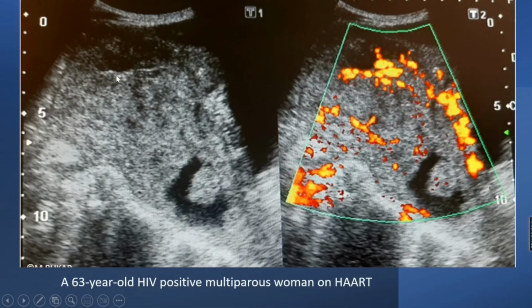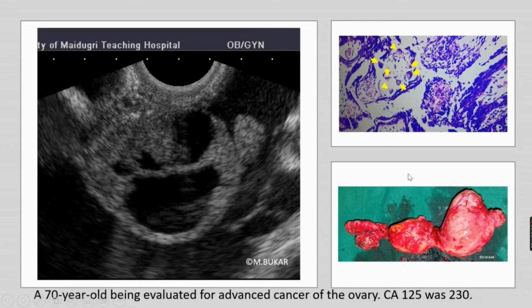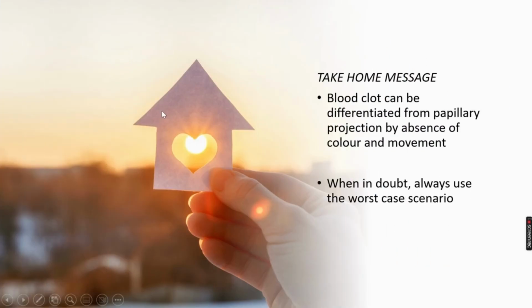It was a solid ovarian tumor with a cystic component, which is irregular, containing a papillary projection. 70-year-old with multiple papillary projections and a wall excrescence. Note these echogenic areas here representing psammoma bodies, confirmed by histology, and note also this external excrescence.